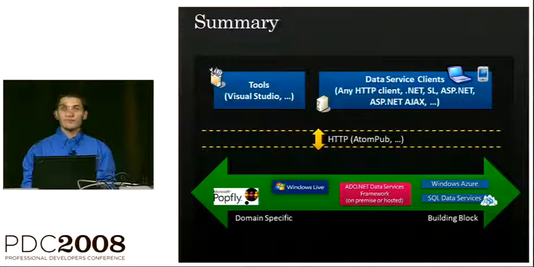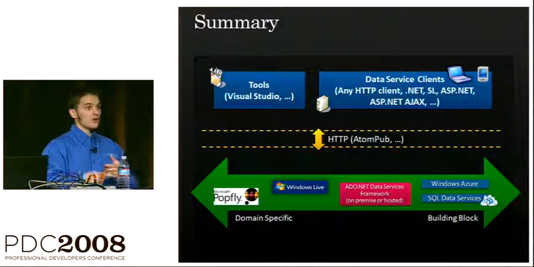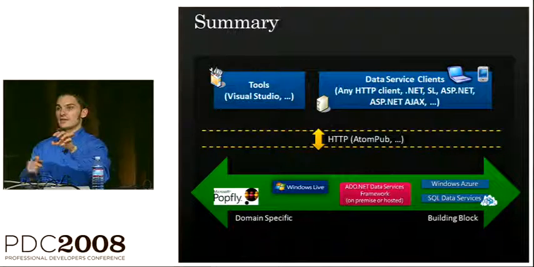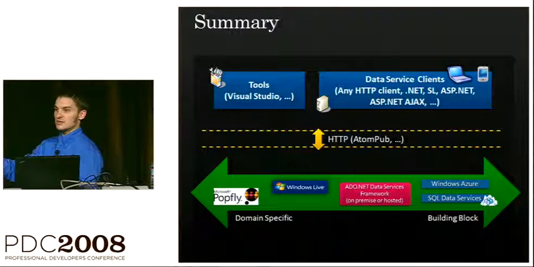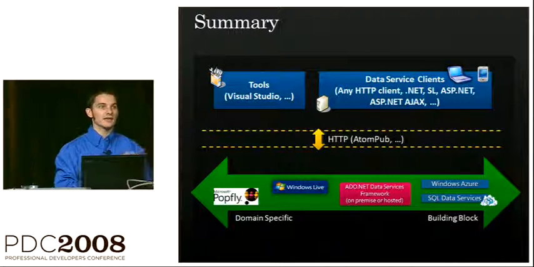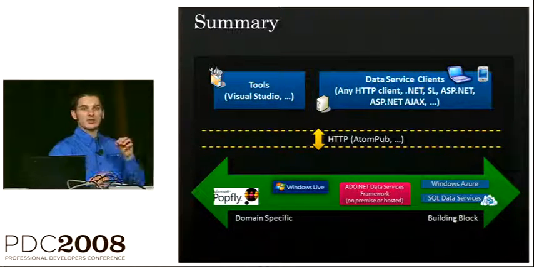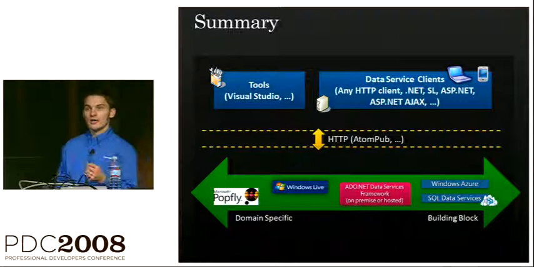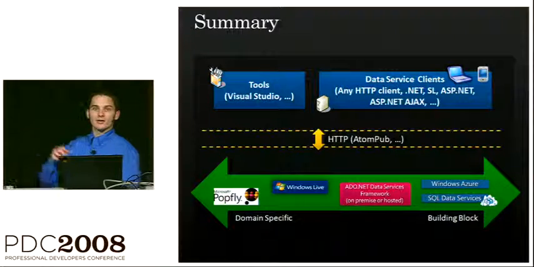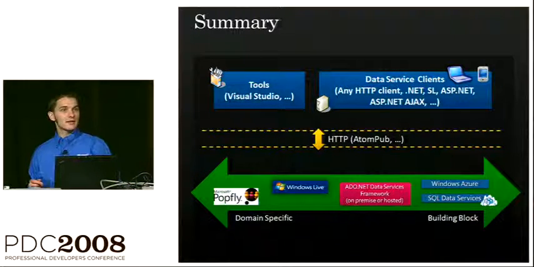In the ASP.NET Futures talk that's coming up, you'll see a lot of the things we're doing with client-side data binding in AJAX that natively understand the conventions to talk to these services, so you can very easily take data from services and create your AJAX-style applications. In fact, we just shipped the first look at an AJAX library with client-side binding that knows how to talk to these services up on the ASP.NET Codeplex site.